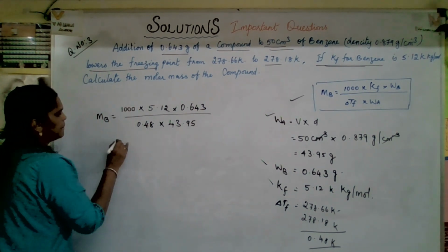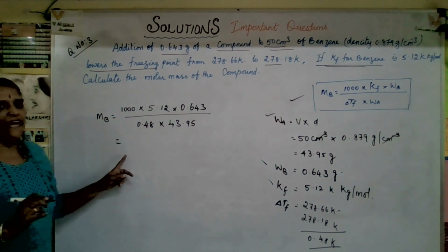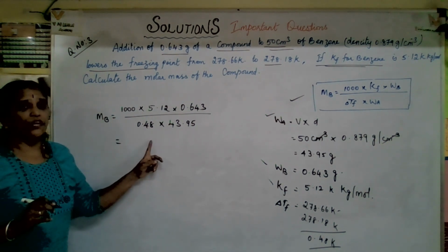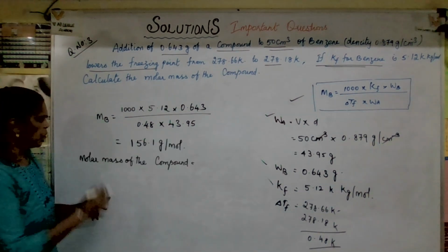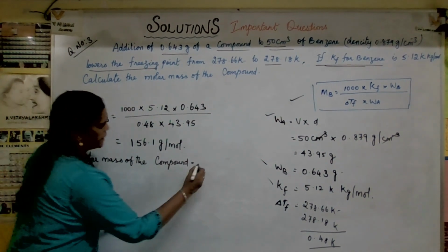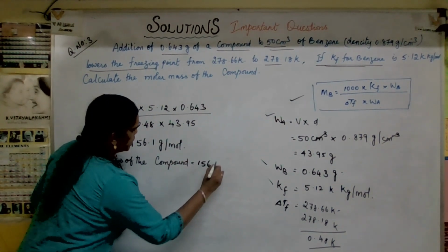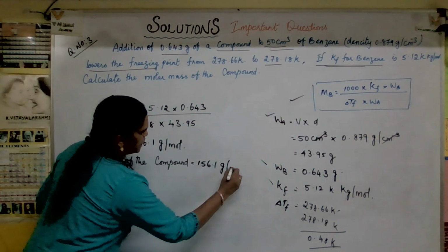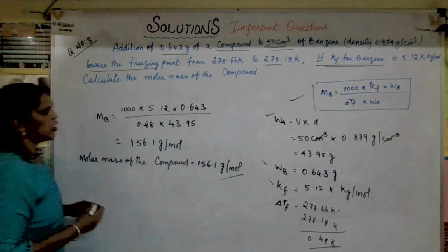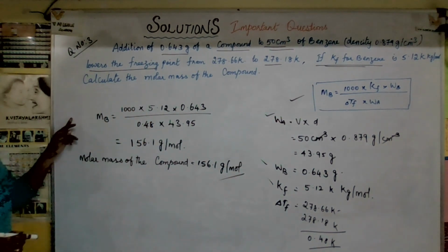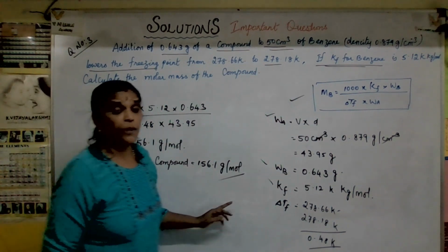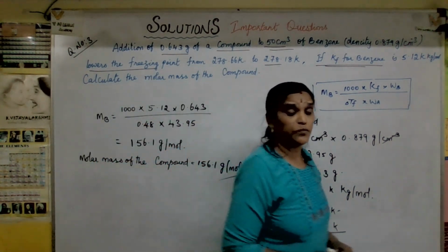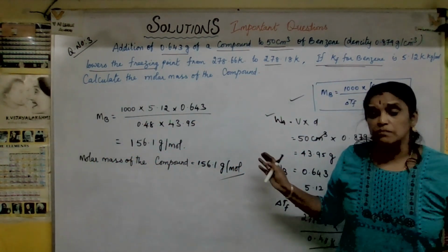Okay. By this time, I think you got the answer. Just pause the video and get the answer. Molar mass of the compound is 156.1 gram per mole. Hope you got a clear idea related to elevation of boiling point and depression of freezing point sums also.